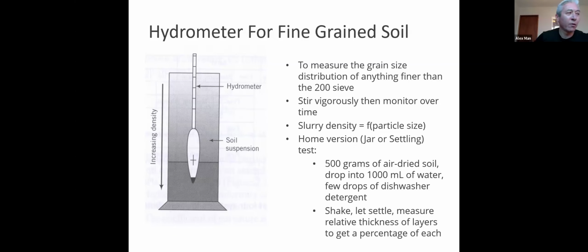But you can do something like this at home really easily. It's called a jar test, and I find it really, really helpful. You take a sample of the soil you're dealing with for your trail project, throw it in a jar with a bit of dishwasher detergent, shake it up, and then just let it settle overnight. I know it's going to be really hard to see in this, but the next morning, you can see the sand settle at the bottom.